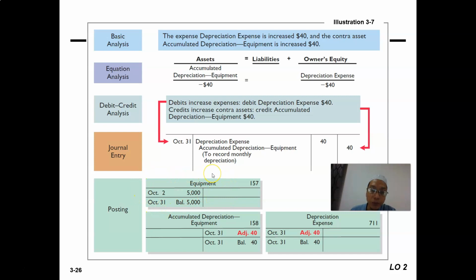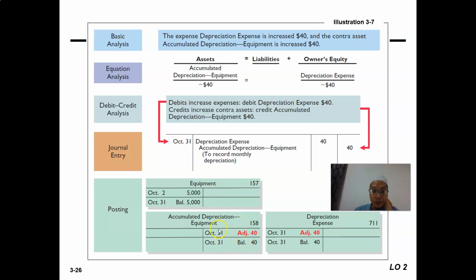On our equipment account, on October 2nd, we bought the equipment for $5,000, but the adjusting entry will not change the equipment account. It will have an impact on the accumulated depreciation, which will, in effect, at the end, reduce the value of the equipment on our balance sheet.